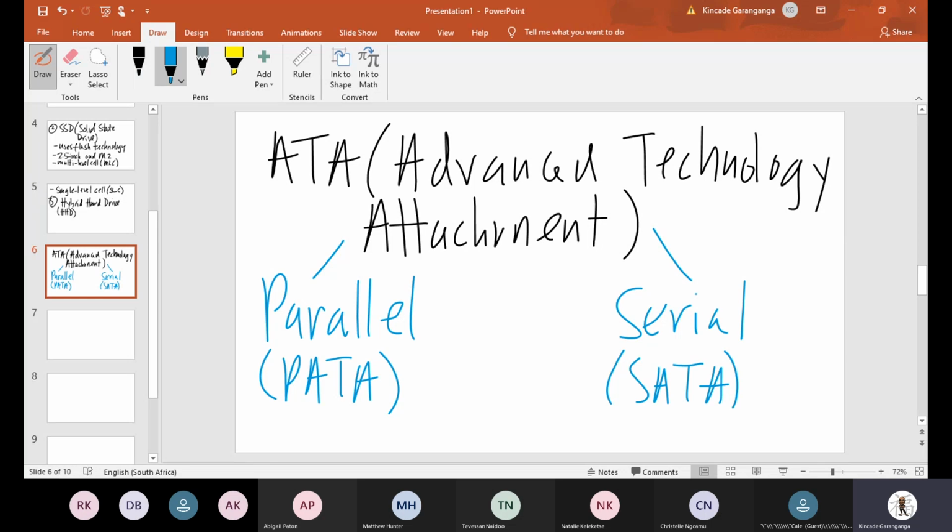Parallel advanced technology attachment is normally associated with the term integrated drive electronics. Your IDE, or integrated drive electronics, references a hard drive that has a built-in interface or built-in controller.